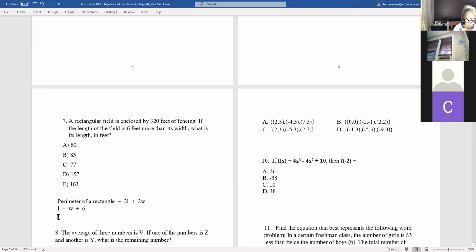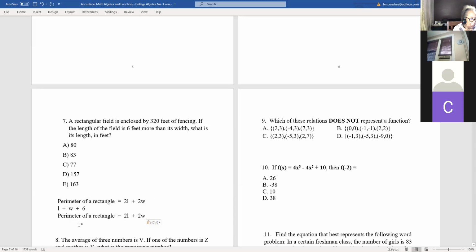Yeah. Okay, so I'm just going to put P. Okay, so what I want you to do for the L, substitute this W plus 6. And I'll write it down and see if you can do it.